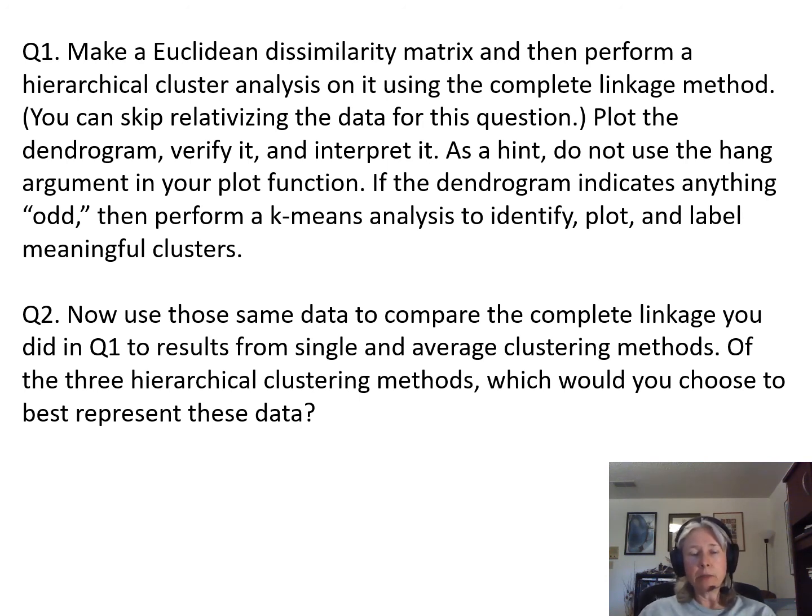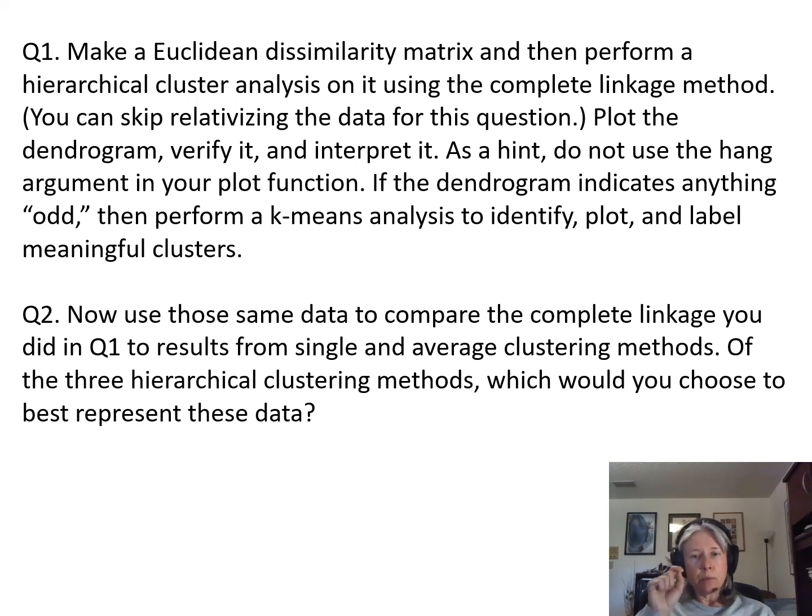As a hint, in the notes, there was an area where I had used a hang function. Don't use that, because the hang function pulls everything down to a similar level at the bottom of your dendrogram. Just let everything hang naturally, and that will allow you to potentially see anything that's odd about that dendrogram. And if there is something odd, then you can perform a k-means cluster analysis to identify, plot, and label meaningful clusters.